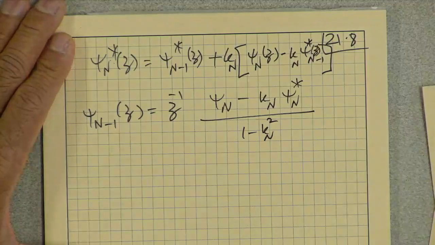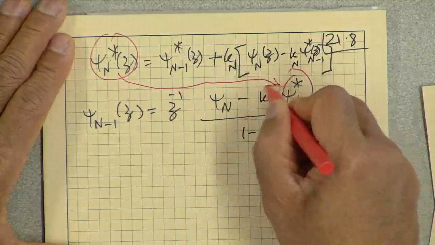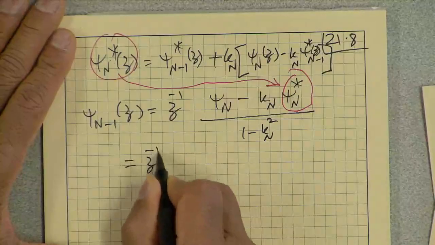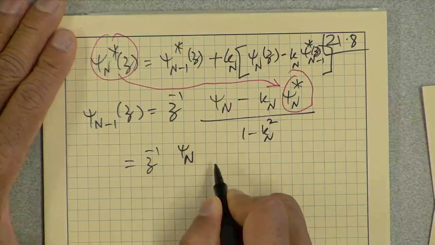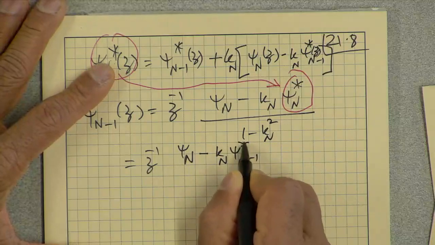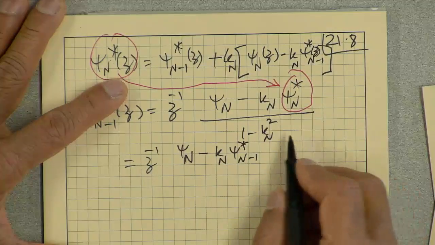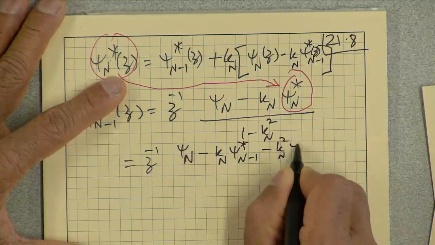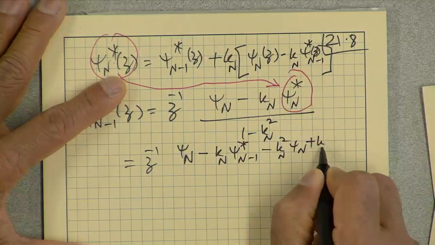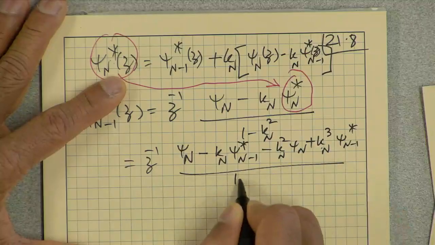Then if I replace that quantity here, this is z to the power minus 1 times psi n minus kn psi n minus 1 star, minus kn times plus kn is minus kn squared, minus kn times minus kn squared plus kn cubed, divided by 1 minus kn squared.